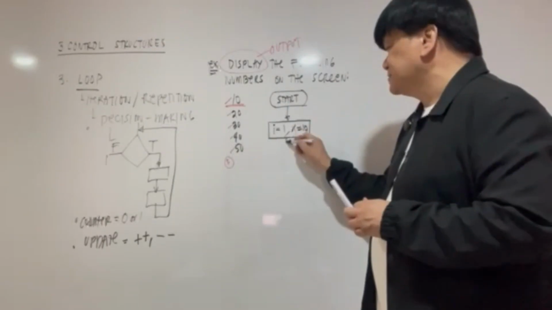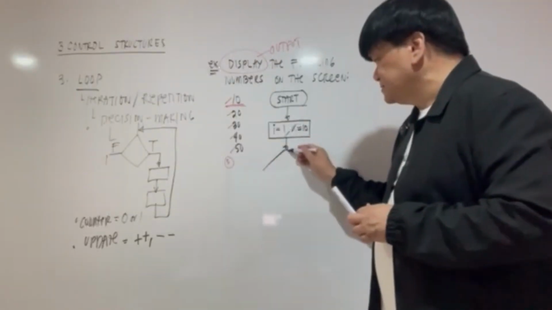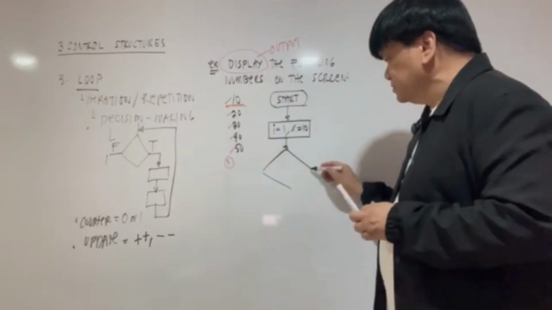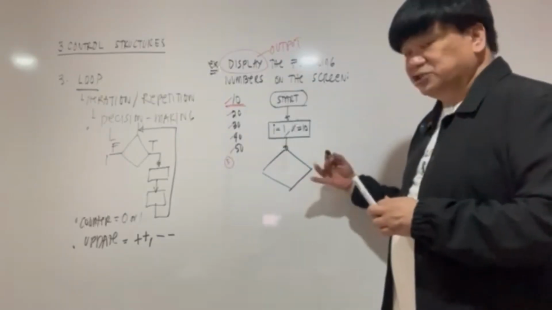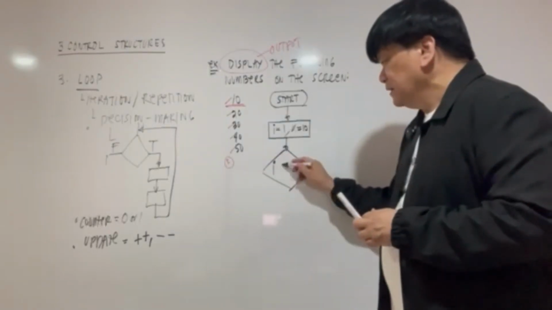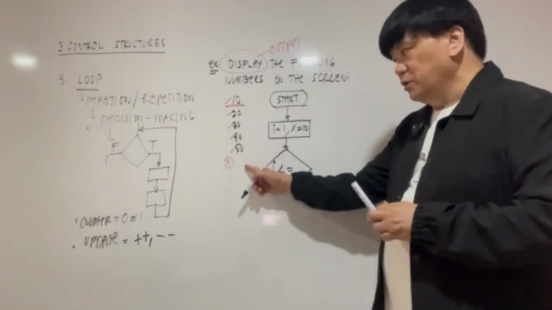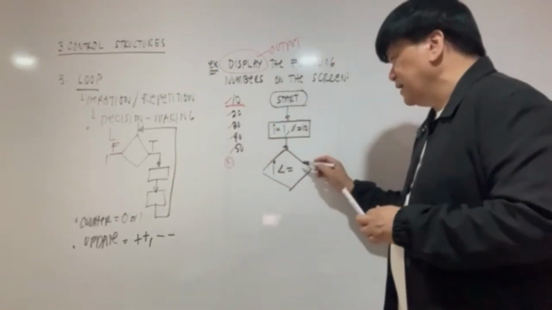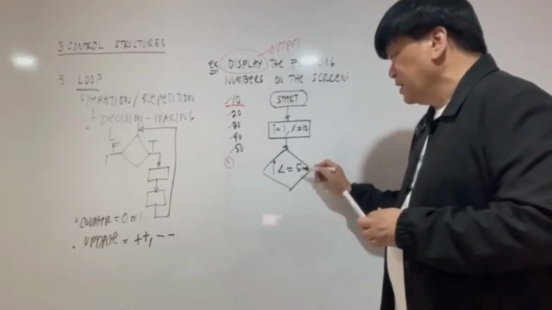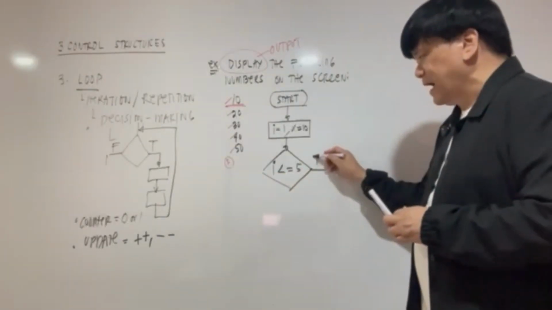And then next, it's the decision, followed by this diamond symbol. The condition will be, I has to be less than or equal to the maximum value of our iteration, and that will be 5. If it is less than or equal to 5, if it is true, what will be happening?